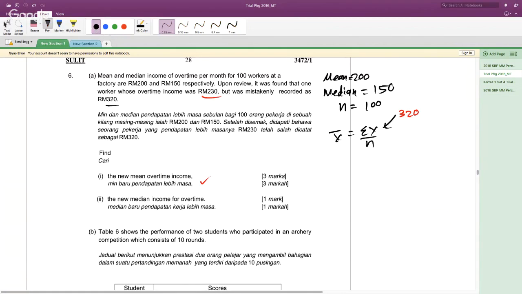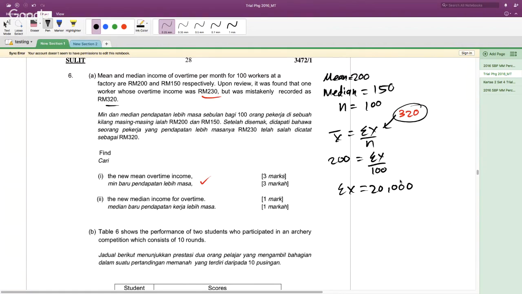So what I am trying to do is find the sum of x here. Mean is 200, sum of x is unknown, and n is 100 because we have 100 workers. So sum of x basically is 20,000. The wrong value is basically 320.